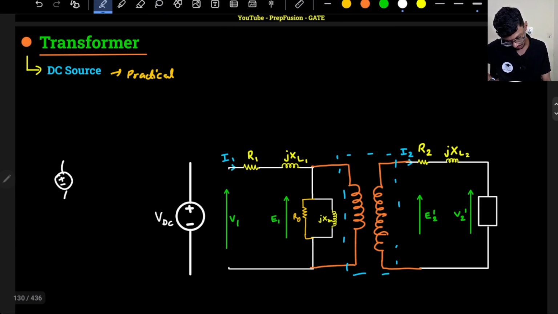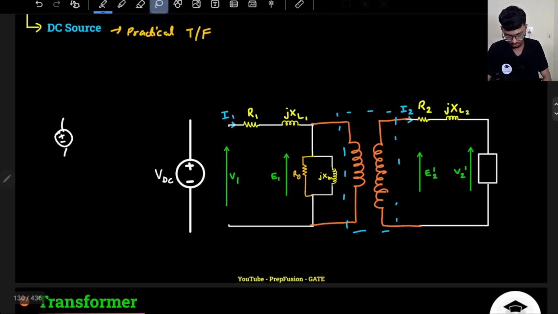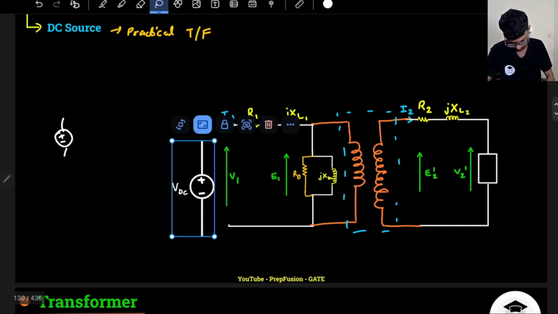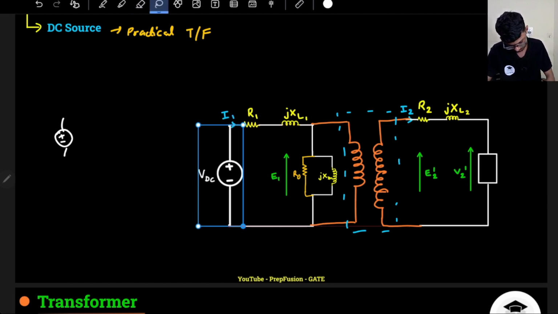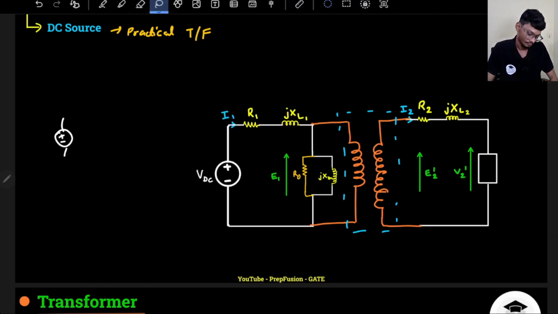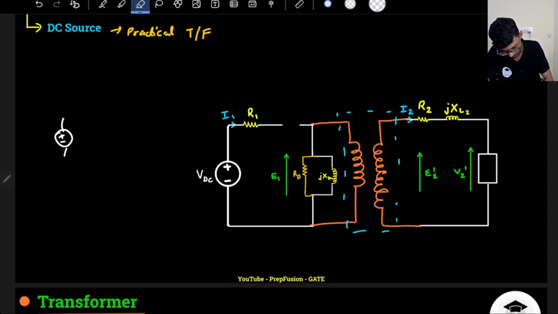So this is for the practical transformer. If VDC is there, of course this will behave as a short circuit. This also will be behaving as a short circuit only. So all of this is shorted.